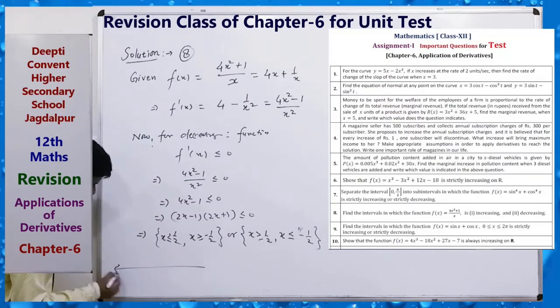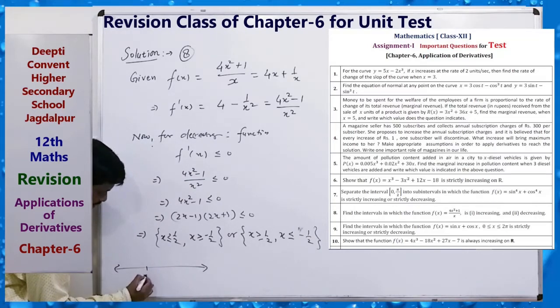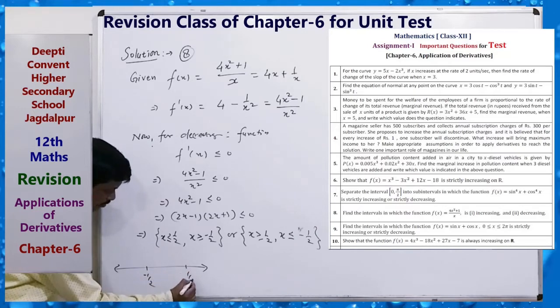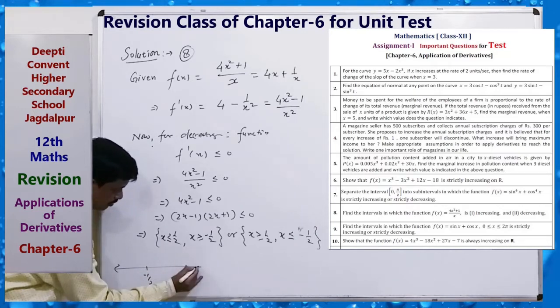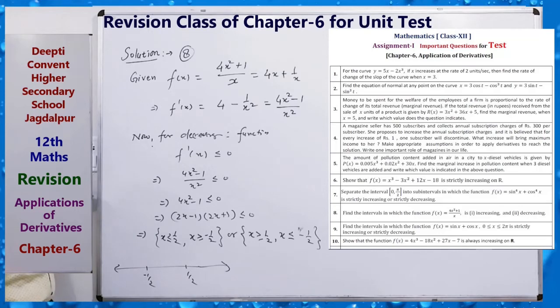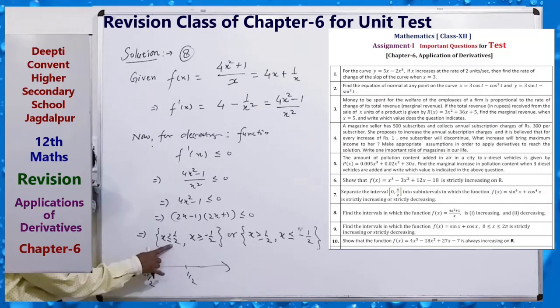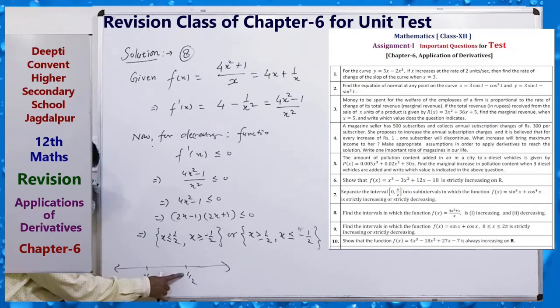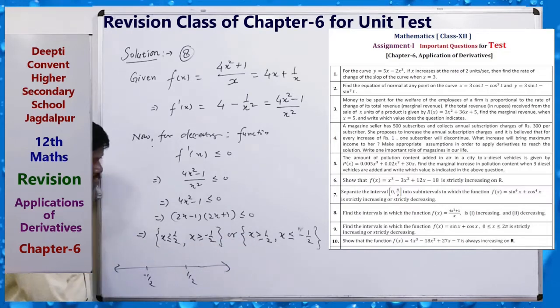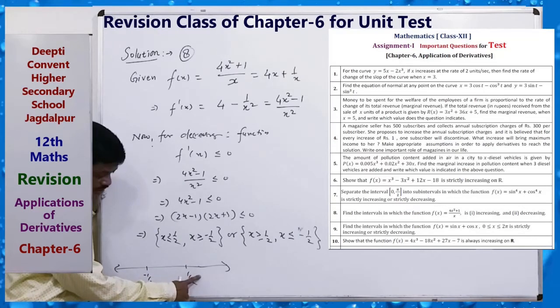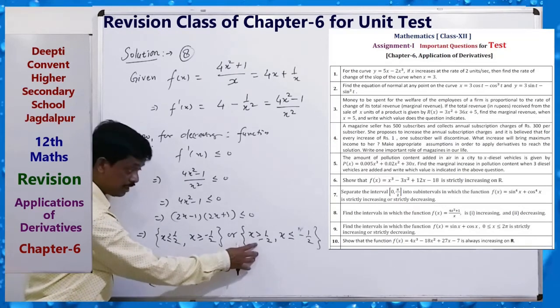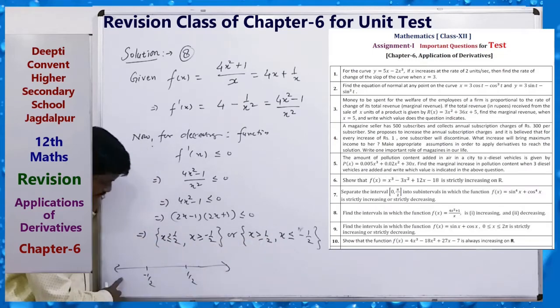Just see the intervals. Here minus half, here 1 by 2. Now x is less than or equal to half, and x is greater than or equal to minus half. That means this part. Or x is greater than or equal to half and also x is less than or equal to minus half.